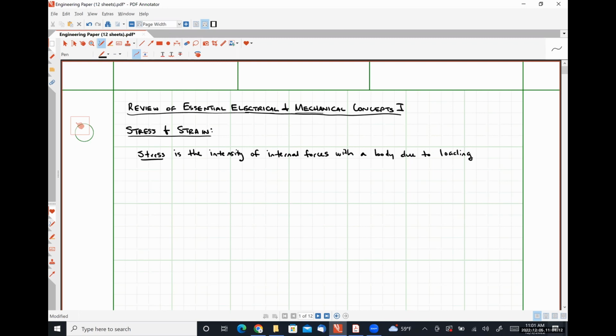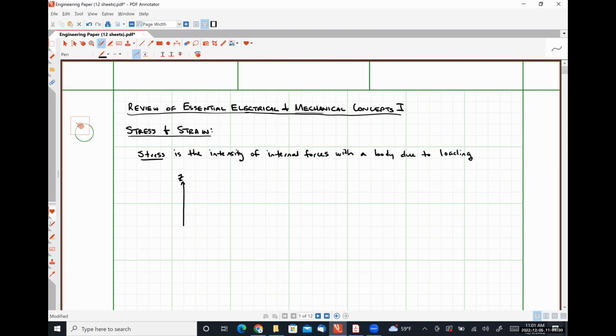There are two types of stresses that are typically observed in MEMS devices, and they are normal stress and shear stress. So let's start by looking at a structure under a load.